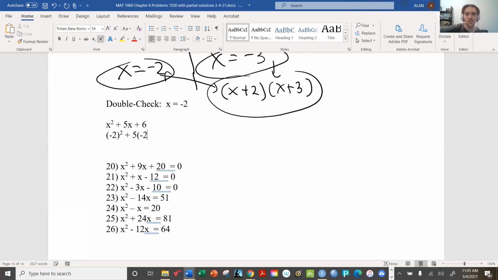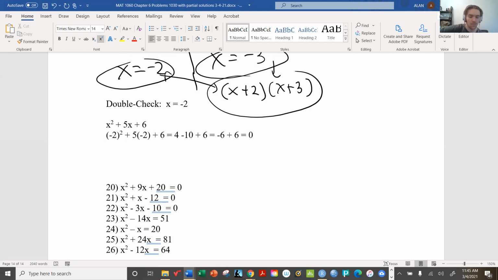And then we'll have 5 times -2 plus 6 equals 4 minus 10 plus 6 equals -6 plus 6. Oh, what do you know? It's equal to 0. That means -2 is indeed one of the solutions.